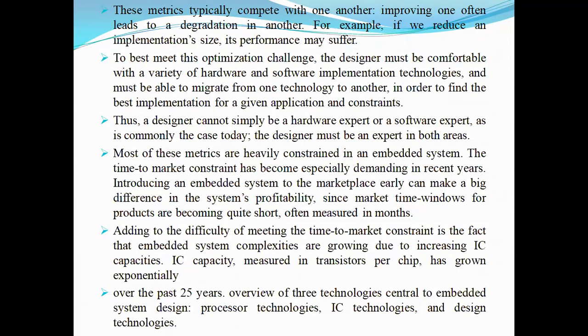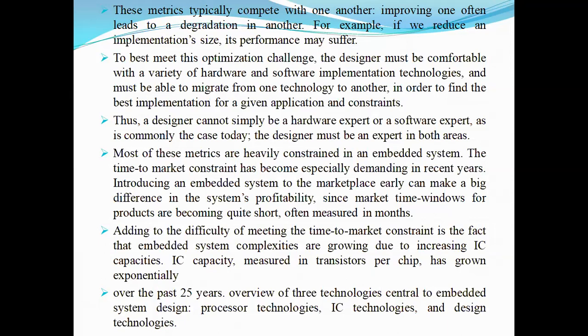Nowadays we have to be familiar and have expertise in both platforms, the hardware platform and the software platform. Hardware platform means we have to be familiar with processor technology and sensor technology. Software means we have to be familiar with the programming part. In this manner, we have to familiarize ourselves nowadays to get an opportunity in embedded systems.